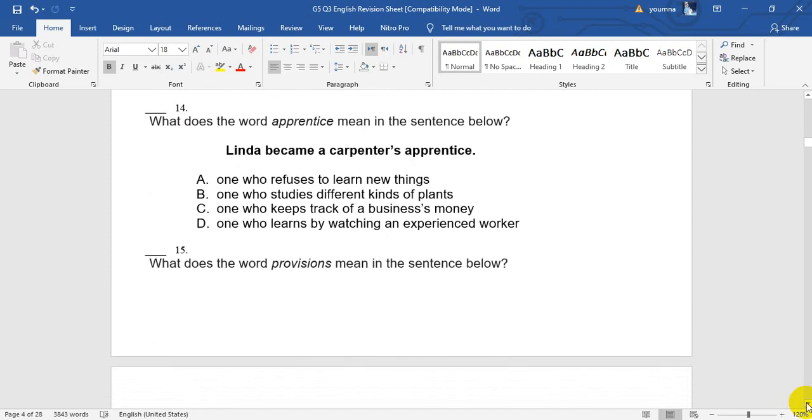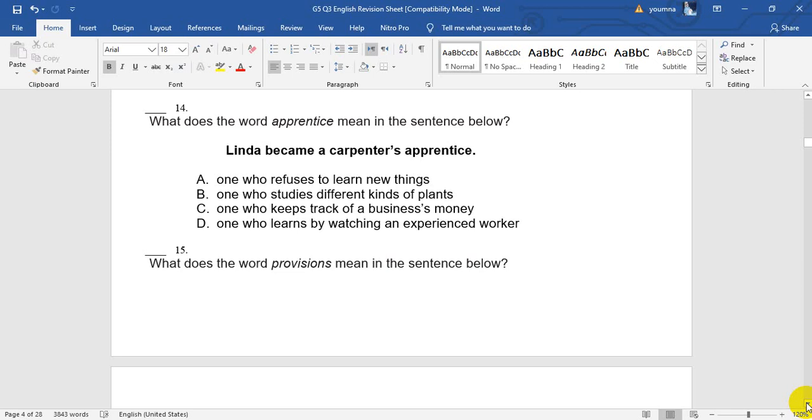Number 14. What does the word apprentice mean in the sentence below? Linda became a carpenter's apprentice. One who refuses to learn new things. One who studies different kinds of plants. One who keeps track of a business's money.